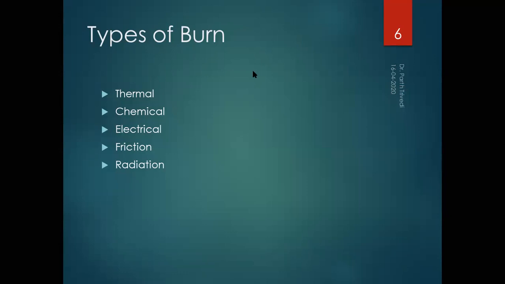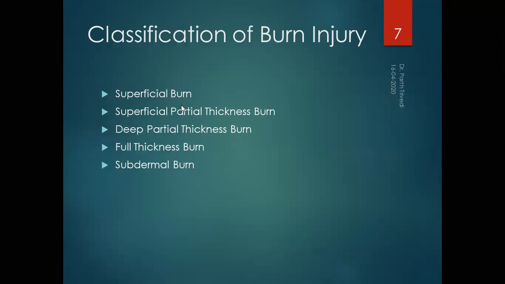Okay, so in this lecture we will be having a clear view about how a thermal burn is classified based on the levels involved. Thermal burns are classified like superficial burns, superficial partial thickness burns, deep partial thickness burns, full thickness burns, and subdermal burns.